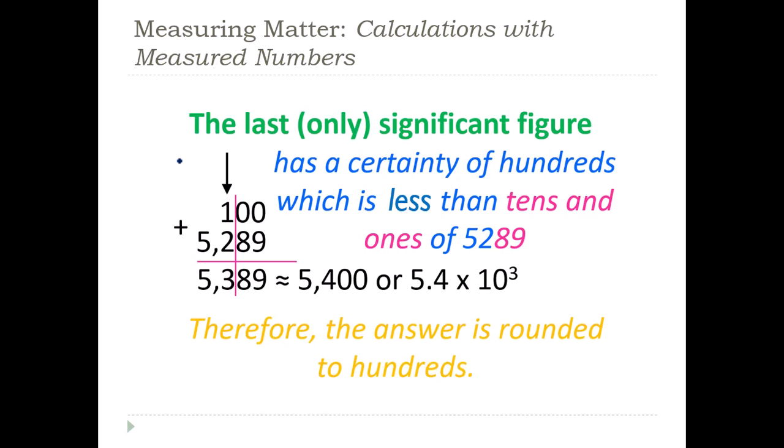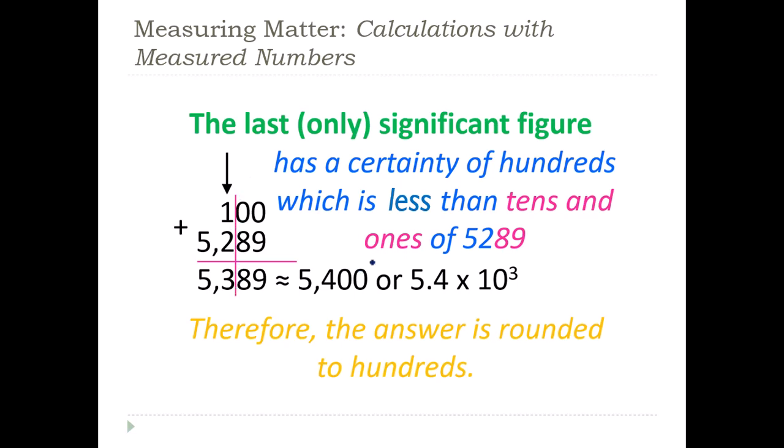And then an interesting example. Let's say we had 100, and remember these trailing zeros are not significant. So this is the last significant digit, and let's say we're adding it to this. Then this is the last digit that should be significant.